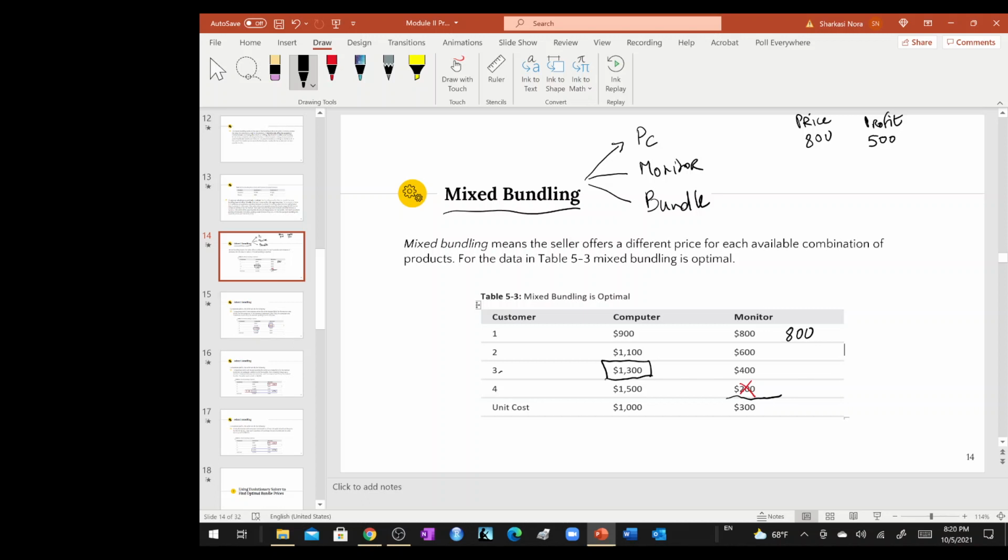At 600, this segment will buy. It meets its valuation, and this segment also will buy. So you will have two segments buying. So revenue will be 1,200, and cost will be 600. So at the price of $600, it just happened that you are making $600.